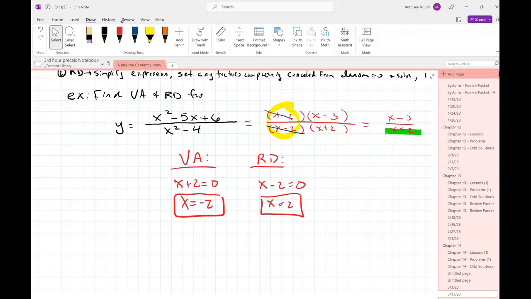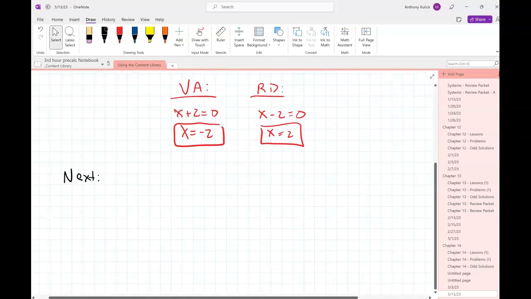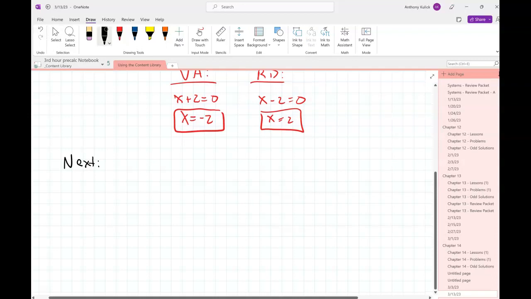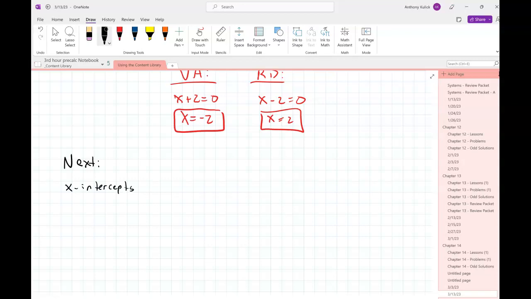So moving forward here, let's talk about finding x-intercepts or zeros for a rational function. Now, when is a fraction equal to 0? When its numerator is 0.